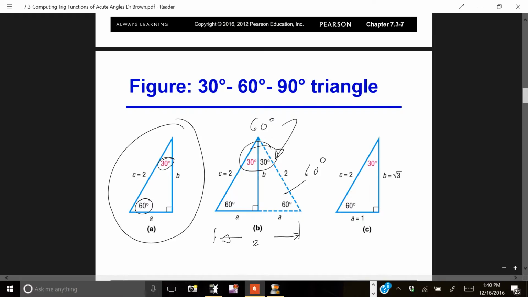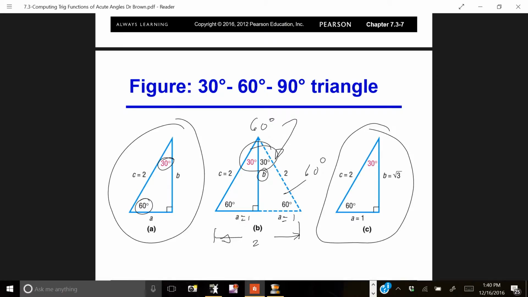And so a is 1, and a over here is 1. So now we have a triangle in which we can calculate b, which is the opposite side of the 60-degree angle.